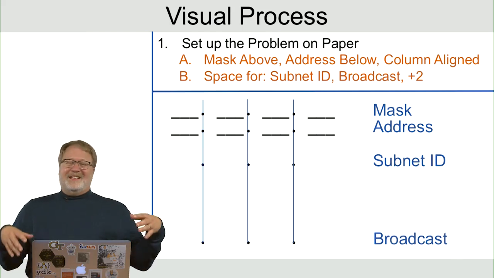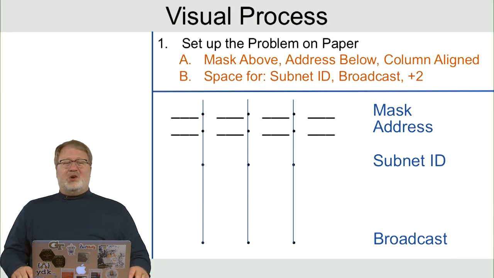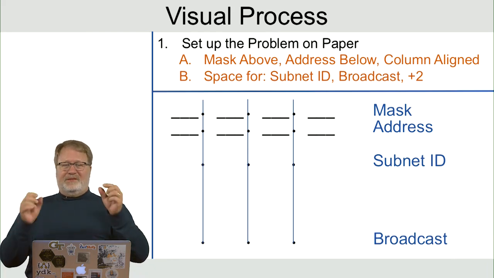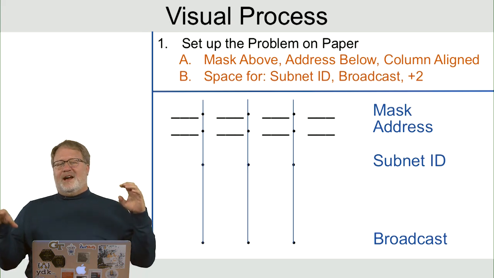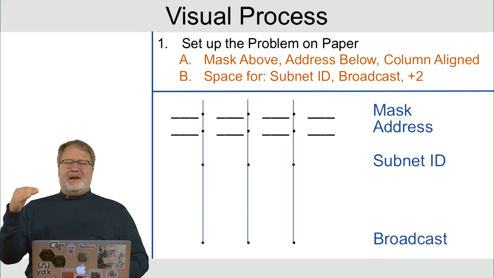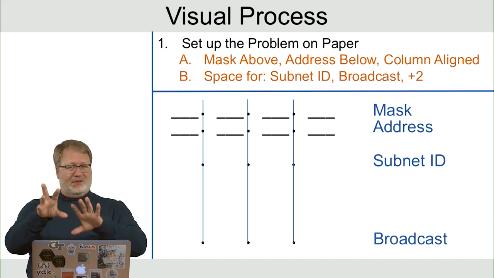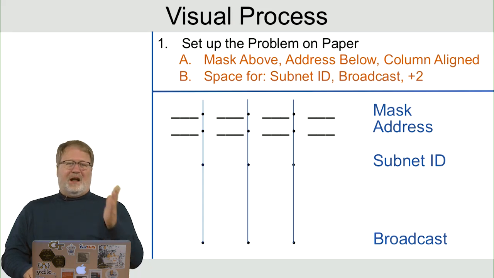First off, setting up the problem is actually important. At step 1, I want you to have dots, and a place to write the mask and address, and then space to write 4 more dotted decimal numbers. So what's going to go in the bottom are 6 total dotted decimal numbers, but you want column alignment. You don't want it to be all over the place.